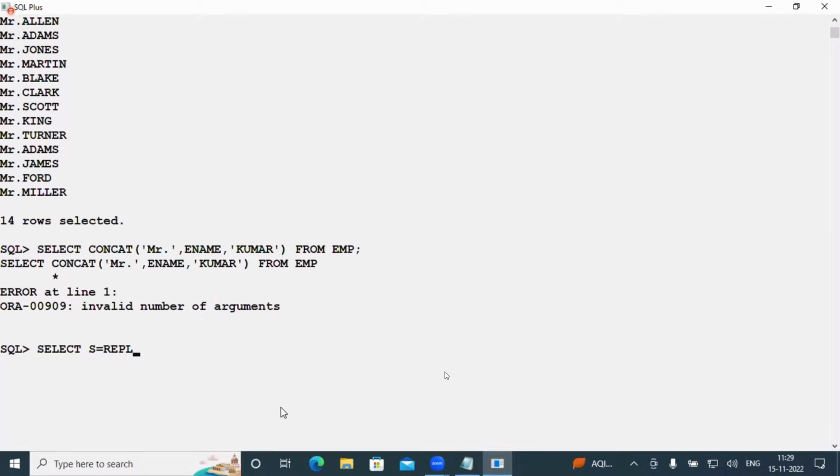SELECT REPLACE of, for example, HELLO is one string. In the old characters, suppose I'm giving ELL, and with this ELL I want to replace with XYZ. Whenever ELL, the old characters, already exists as a group of characters in your string expression, in place of this group of characters what do I need to replace?